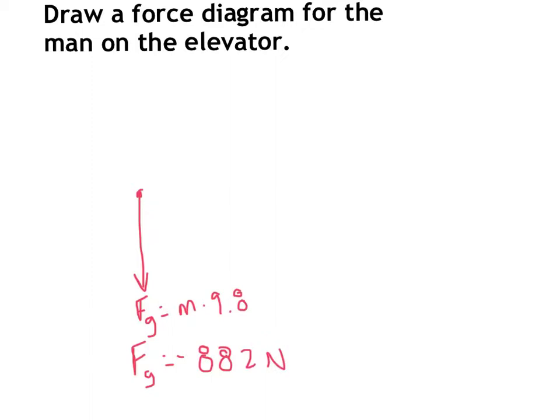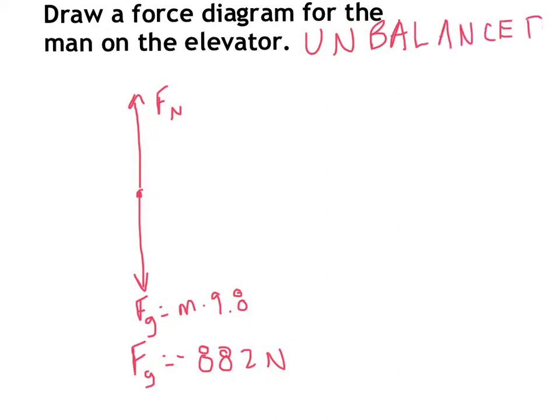We know that he has to have an upwards force due to the normal force because he's standing in an elevator, but we're not quite sure what that is yet. We know that the forces here are unbalanced because he has an acceleration of 8.5 meters per second squared in the downward direction.